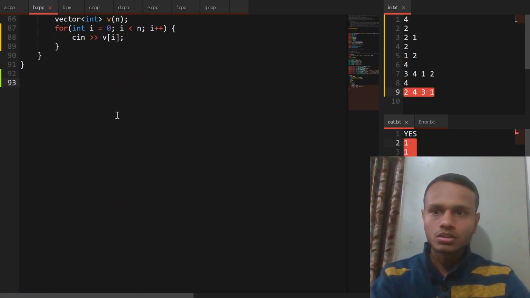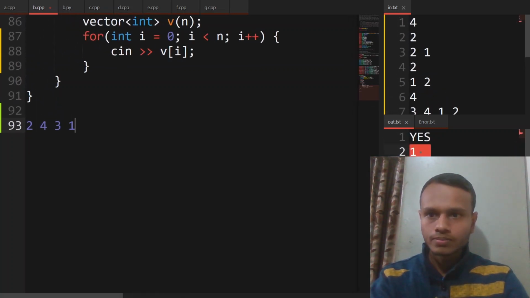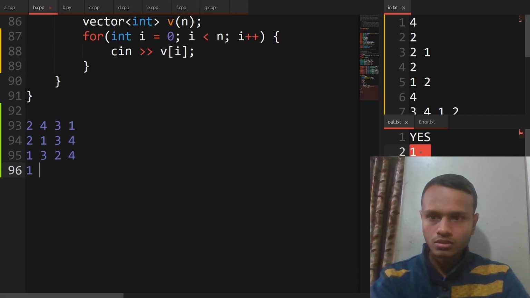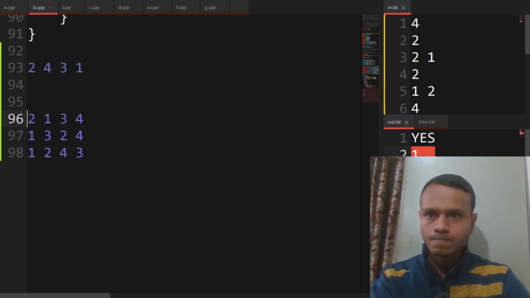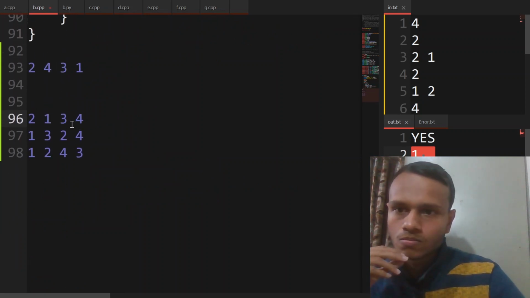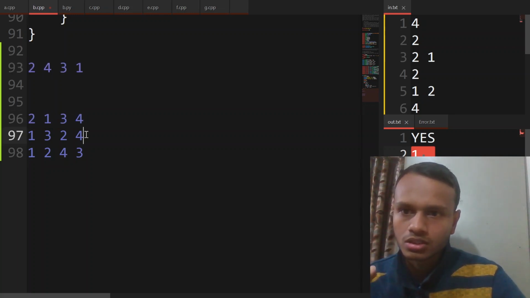So in this case, the optimal cases are these: 1, 3, 2, 4, right? 1, 2, 4, 3. These are all the optimal cases, these 3. To get this array from this array, we need only one operation.